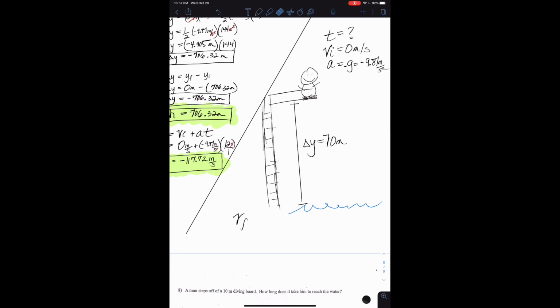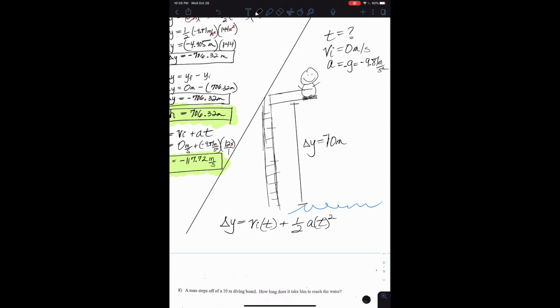Whoops, I'm starting by writing VF. That's wrong. We want delta y again is equal to VIT plus 1/2 AT squared. All right, but we want to know time.